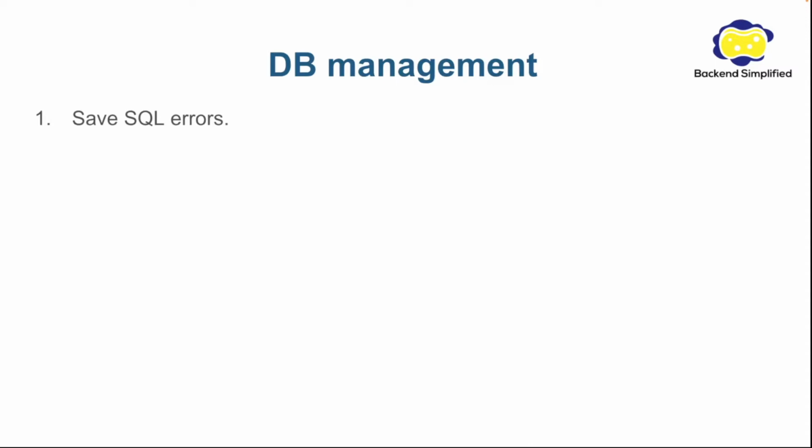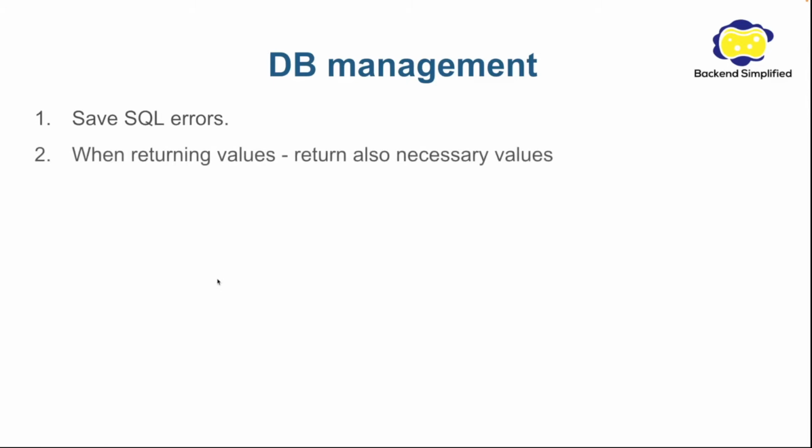You may catch them also on the input validation layer, but these errors are great for you to understand that someone is trying to understand your database structure. So the first step we want to do is to save these SQL errors and be alert when something wrong happens.